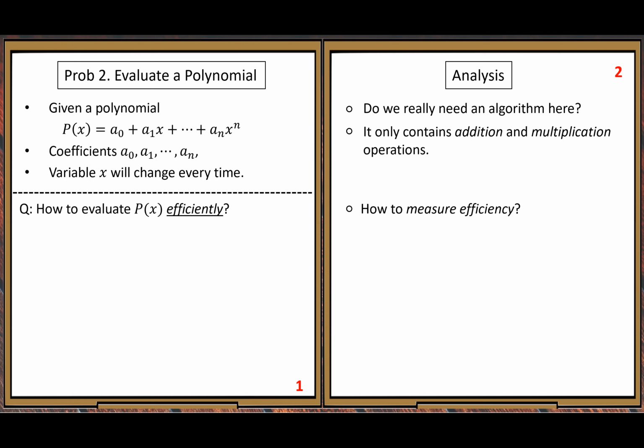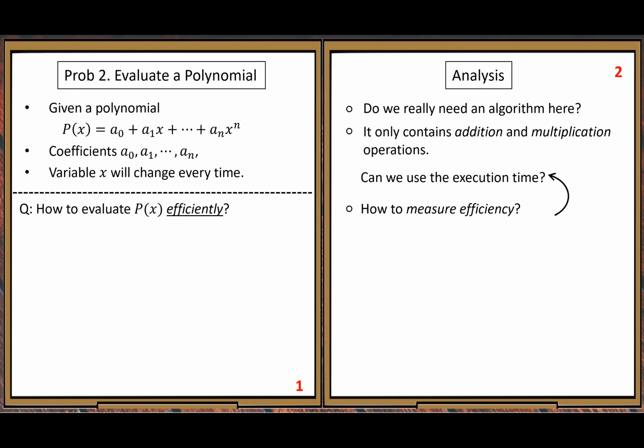How to measure efficiency. Here we are talking about efficiency, right? But do you have a measure for it? Do you use a number to tell people it's efficient or not? So we need a measure.